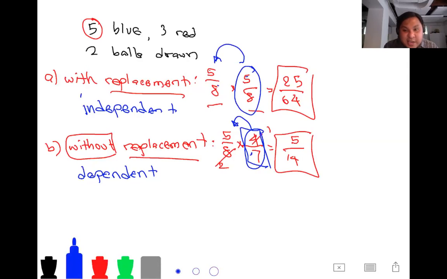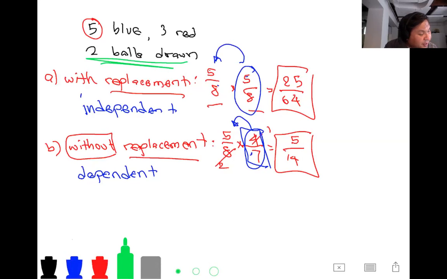So how do we even know whether this probability is correct? We can check that by applying a different technique, using a counting technique. Take note, we're supposed to draw 2 balls from the urn, and what we want is for those 2 balls to be both blue.